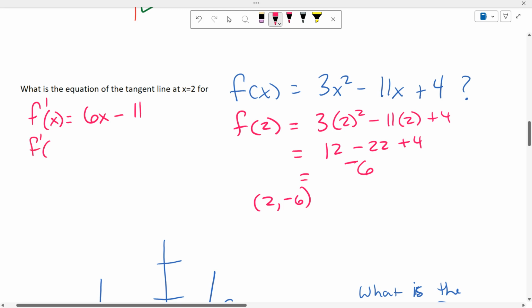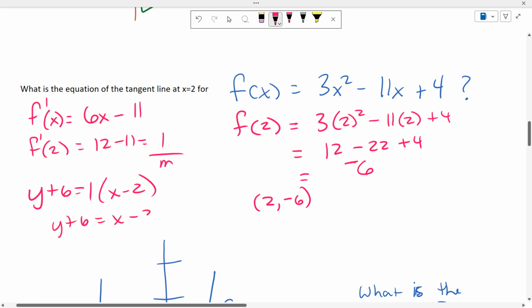So if we find the first derivative at 2, we get 12 minus 11, which is 1. My slope is 1. Put in point slope form. Y plus 6 equals 1 times x minus 2. Y plus 6 equals x minus 2. Y equals x minus 8. Ta-da.